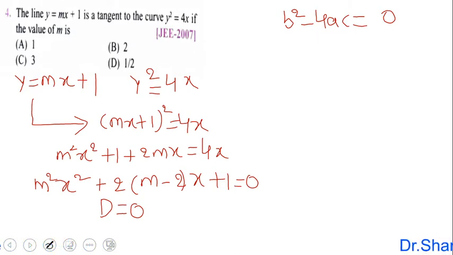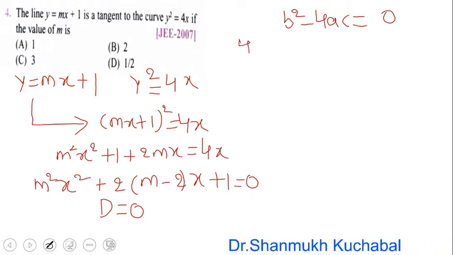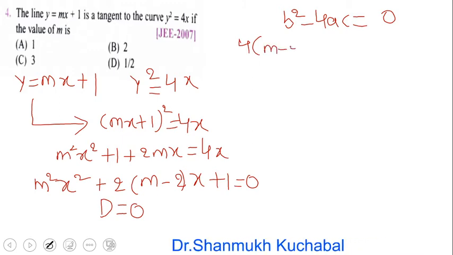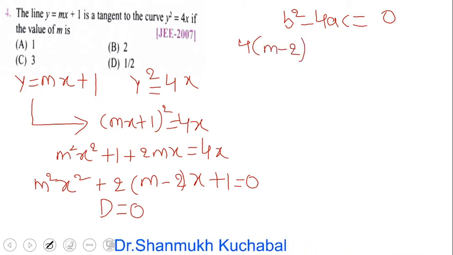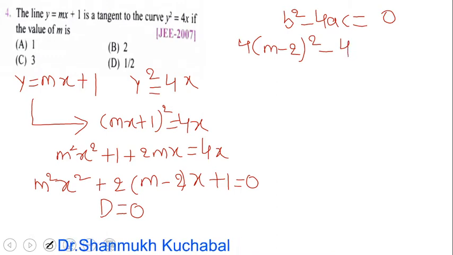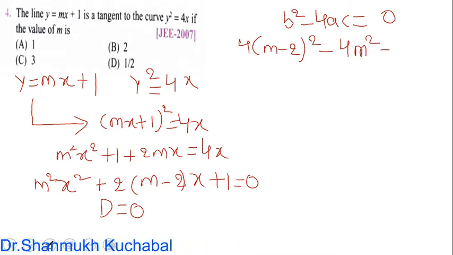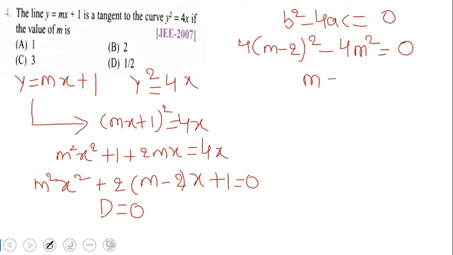We substitute all these values into the equation. So we get 4 times (m minus 2) whole square minus 4 times m square equal to 0, and we have to simplify this equation. Simplifying, we get m value as 1. Therefore clearly option A is the right answer here.